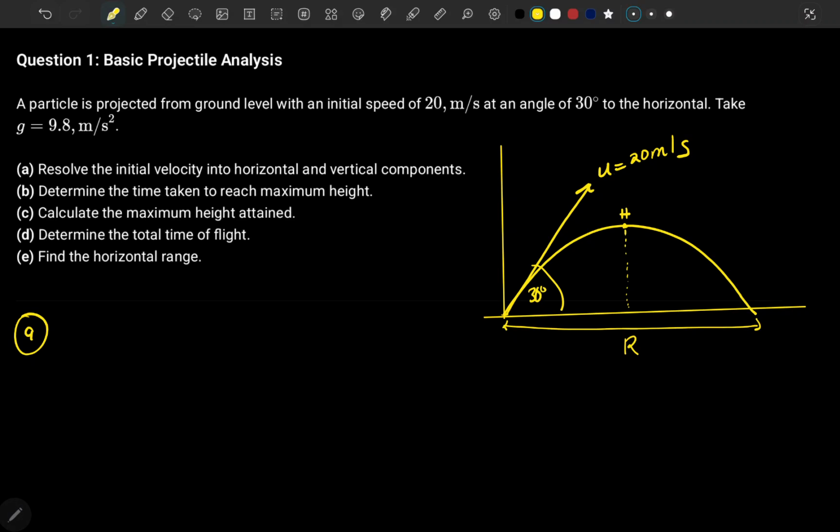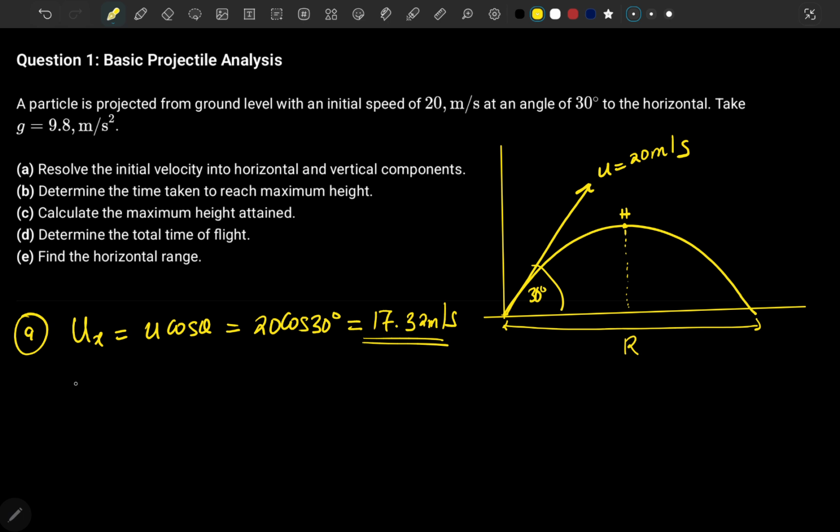They're telling us to resolve the initial velocity into horizontal and vertical components. The horizontal is the x-axis, which is just u cos theta, so we use 20 cos 30 degrees, and this will give us 17.32 meters per second. Just like that, you are done.